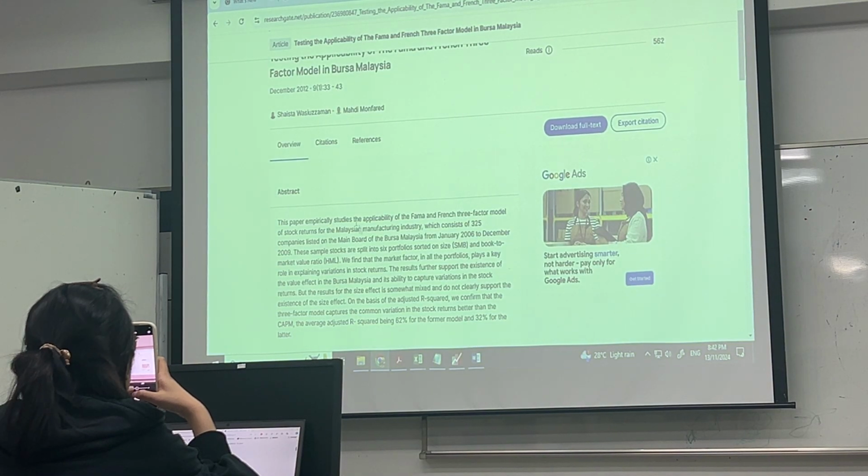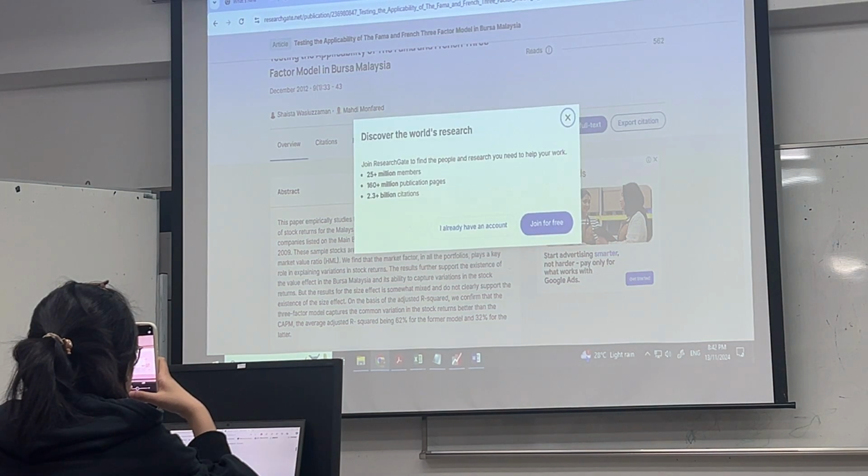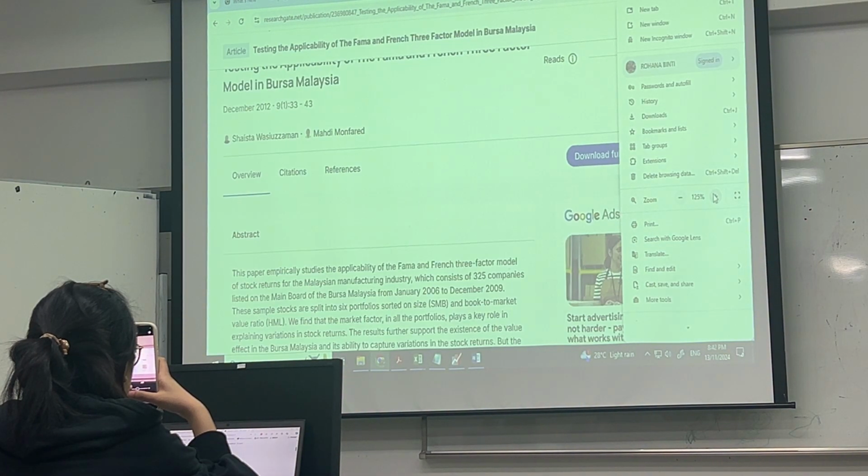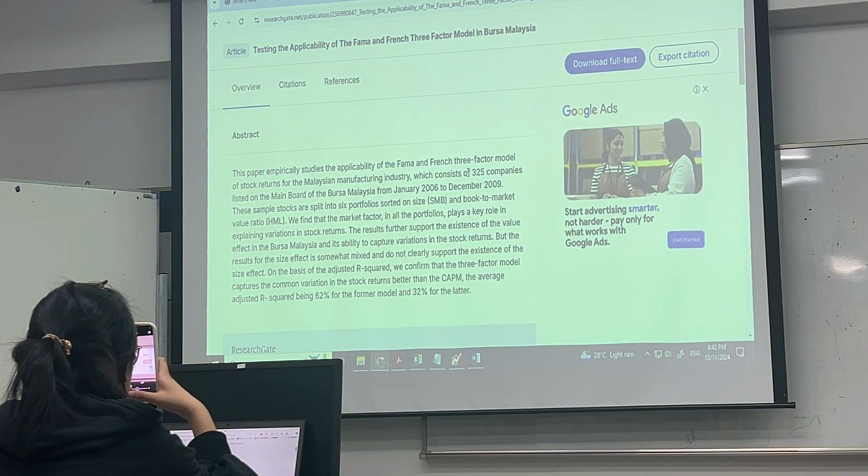They use it for the Malaysian manufacturing industry, so this is the Malaysian case. For example, they use 325 companies, and they have SMB, HML, and then they found the market factor. Now you know what the market factor is, right? The market return minus the risk-free rate.